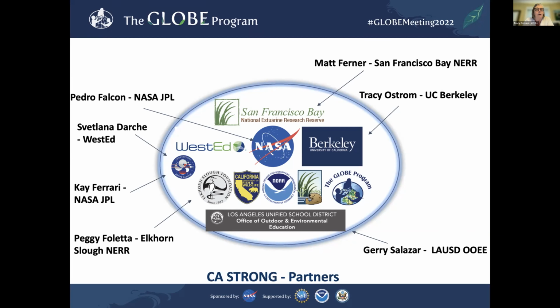We also have two other partners in Southern California, Jerry Salazar with the Los Angeles Unified School District Office of Outdoor Environmental Education, as well as Kay Ferrari, who runs the Solar System Ambassador Program out of NASA JPL in Southern California. So as you can see, we have representation in Northern, Central, and Southern California for this collaborative.